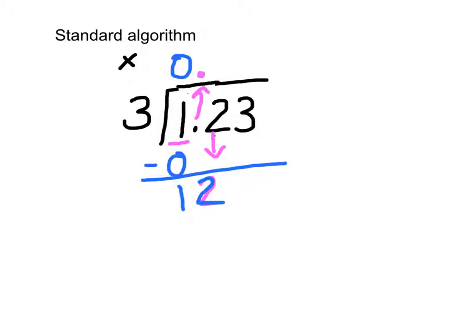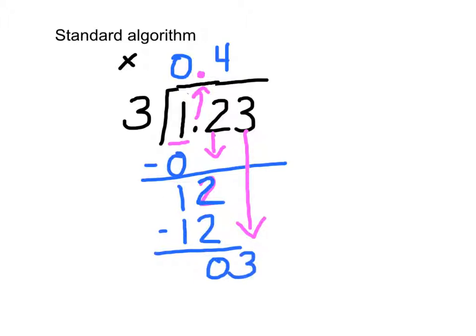Then I have my 3 into 12 goes 4 times. 4 times 3 is 12. I'm going to subtract that out. Gives me 0. Now I'm not done because I still have some numbers up here, so I'm going to bring down my 3. And 3 goes into 3 one time. 1 times 3 is 3. That gives me 0. So as you can see, just like with the other one, my answer is 41 hundredths.